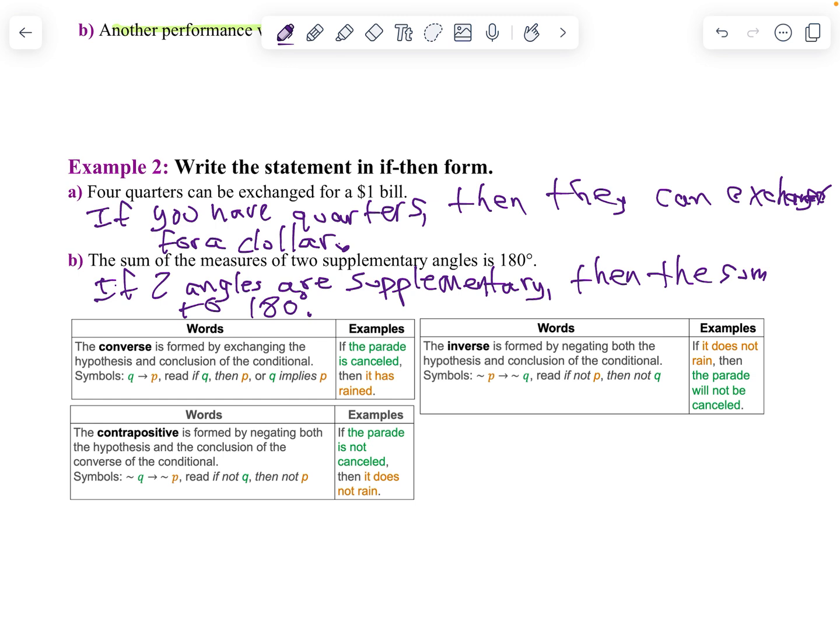And notice I could write that backwards, couldn't I? That is, if I had two angles that add to 180, then they have to be supplementary.